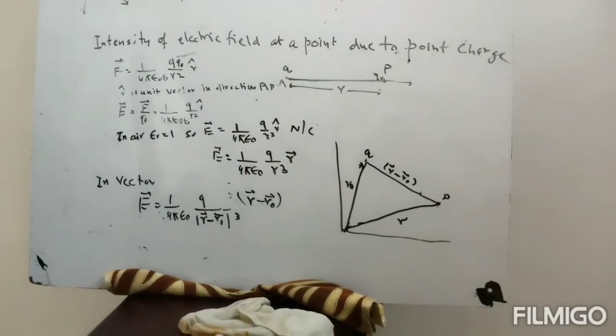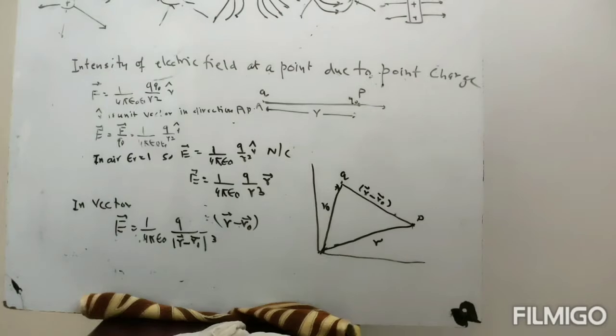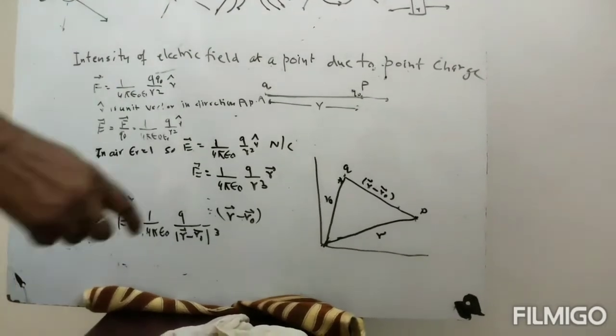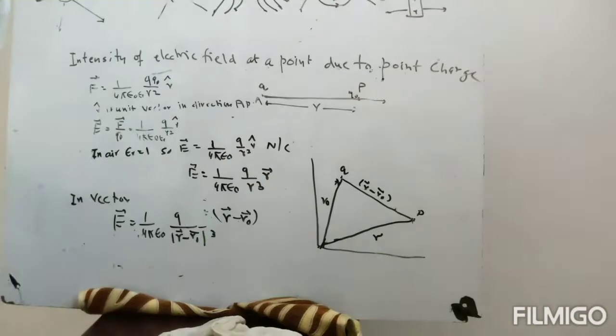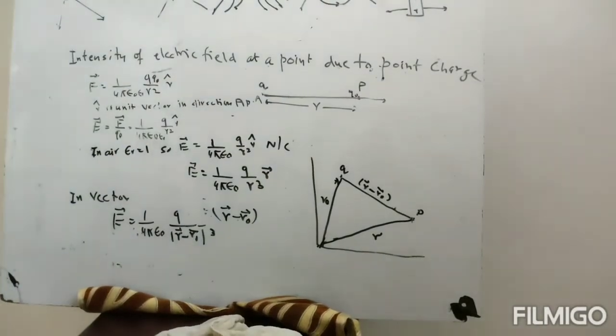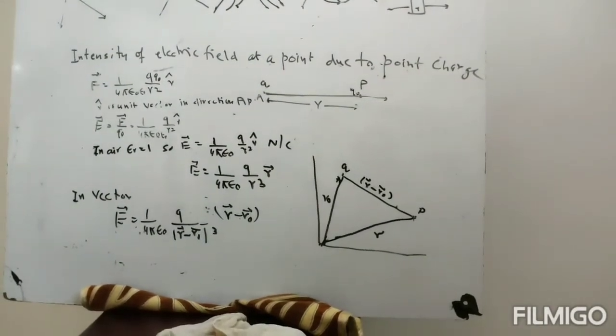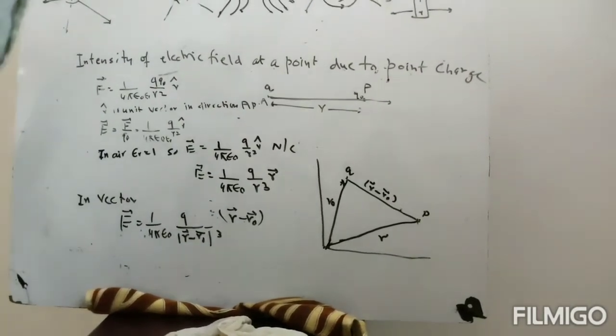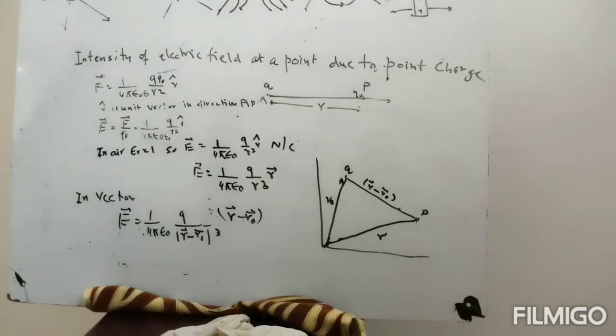Now if the charge Q has its position vector R0 and the position vector of the point P where we want to find the electrical field intensity is R, then the distance between the Q charge and point P is equal to R vector minus R0 vector.